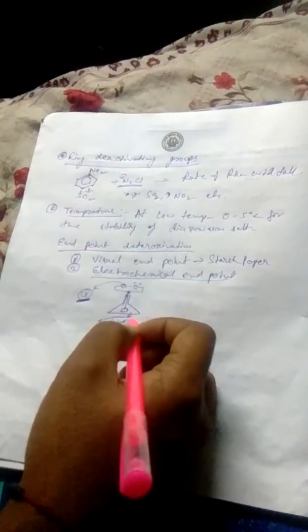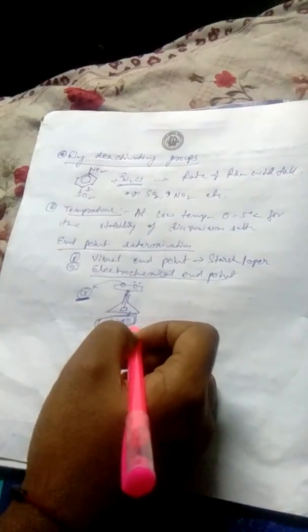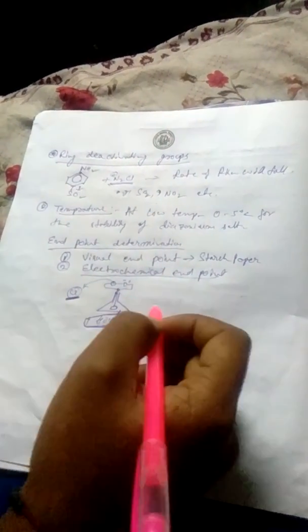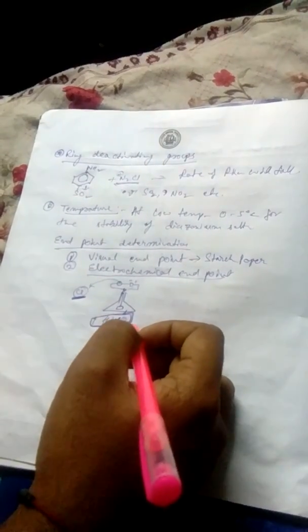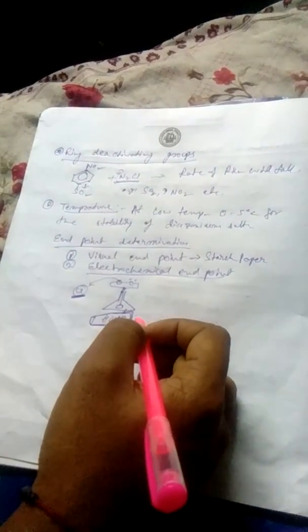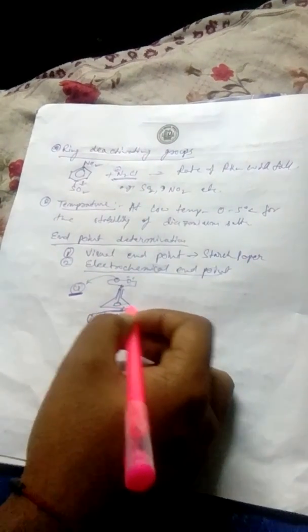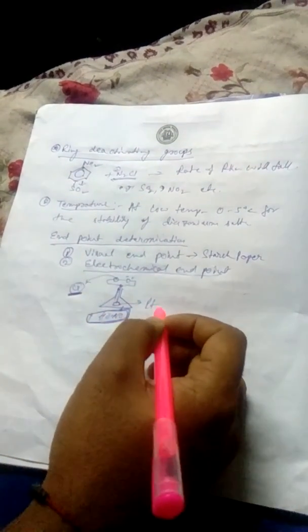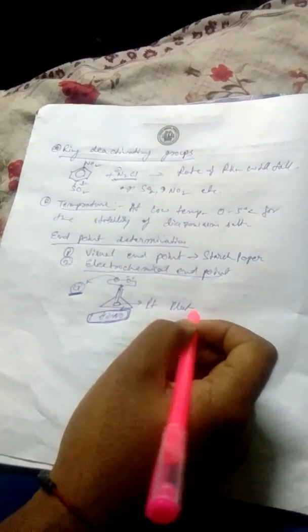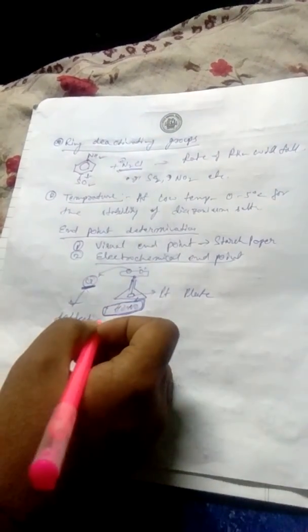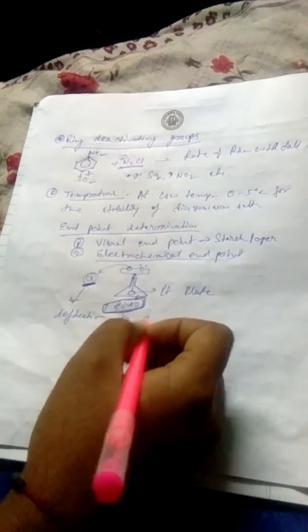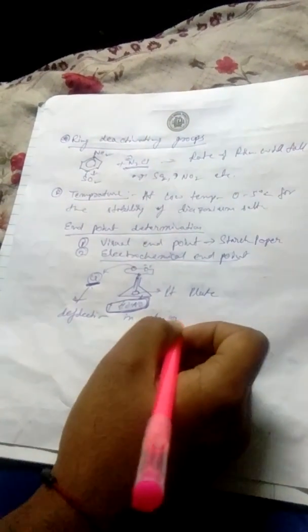At the end point, because HONO is not participating in formation of diazonium salt, this excess HONO, nitrous acid, will depolarize this platinum plate, and this depolarization leads to flow of current, which shows deflection in the galvanometer.